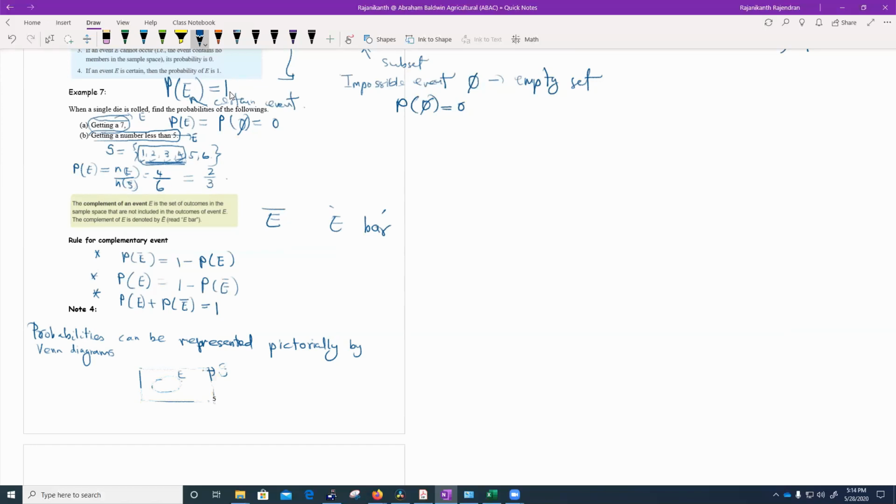Suppose my probability of E is here, then my probability of E bar should be outside of E. So if you add your probability of E and your probability of E bar, then you will come up with the total probability, that is, the probability of the sample space.